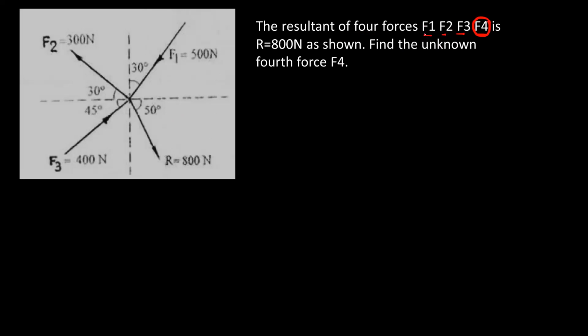And for these four forces, the resultant is 800 Newton. So we have to find out the unknown fourth force F4, whose value is not given, and even the direction is not given. For resultant 800 Newton, its direction is given. So here one force is unknown. F1 is equal to 500, F2 is equal to 300, F3 is equal to 400.